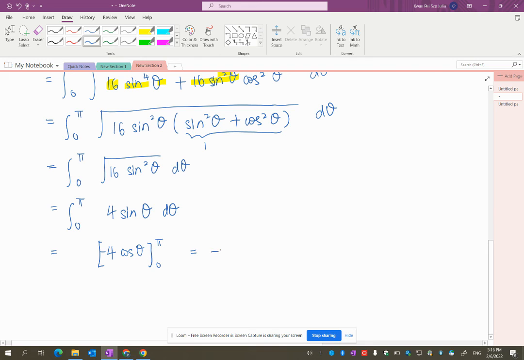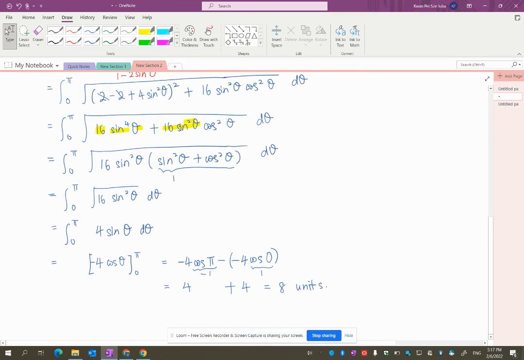We have minus 4 cosine pi minus minus 4 cosine 0. Cosine pi is negative 1, and cosine 0 is 1. So we have 4 minus negative 4, which is 8. So the arc length of C is 8 units.